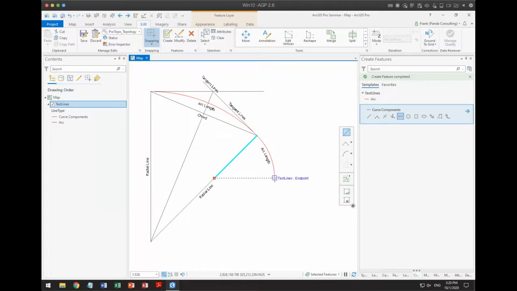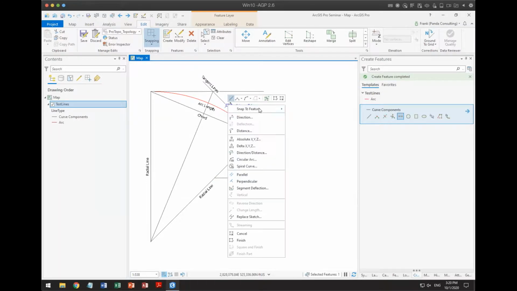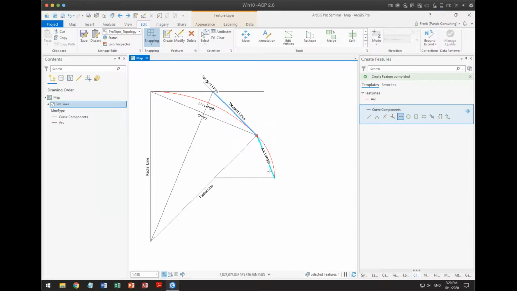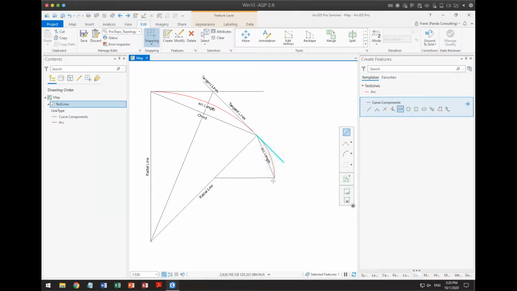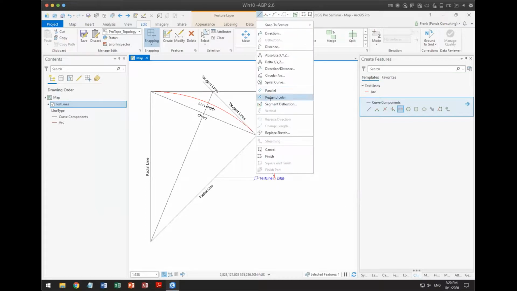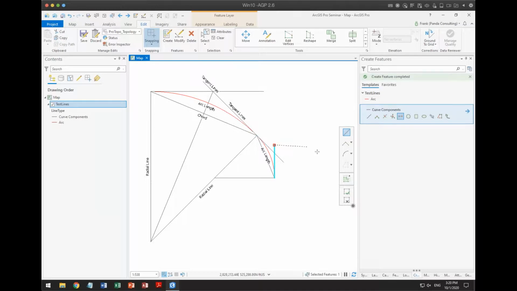And there is my other radial line for this curve. This is the chord distance for my curve. And if I go parallel to this, there's the tangent for this curve. If I go perpendicular to here, there's the tangent to this curve.